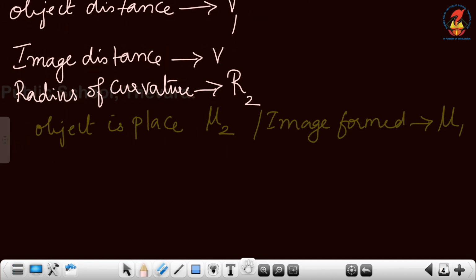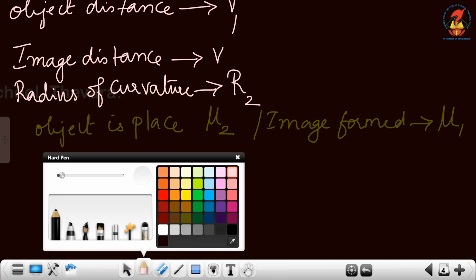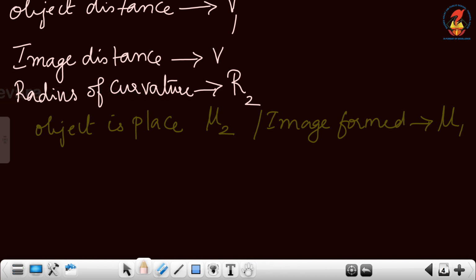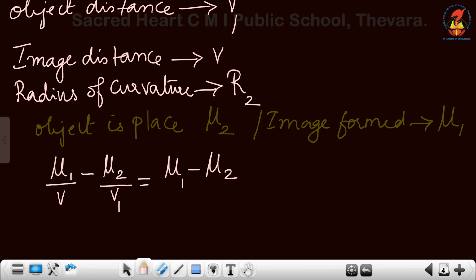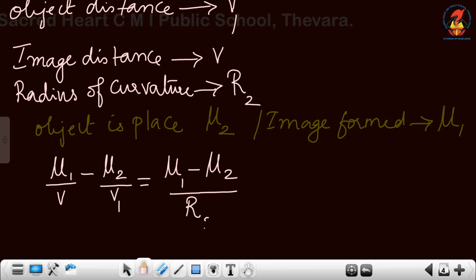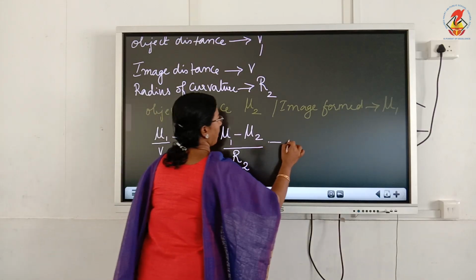Substituting the values in the equation for refraction through a spherical surface, we get, what was the equation? Mu2 by V, here it becomes mu1 by V, because the final image is obtained in mu1, minus mu2 by, what is the object distance we are taking? It is V1, is equal to mu2 minus mu1 by R, which becomes mu1 minus mu2 divided by R2. Now this is equation 2.